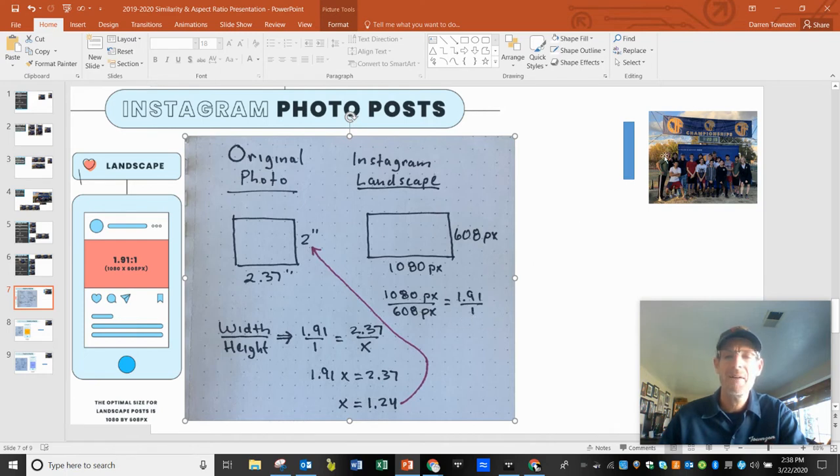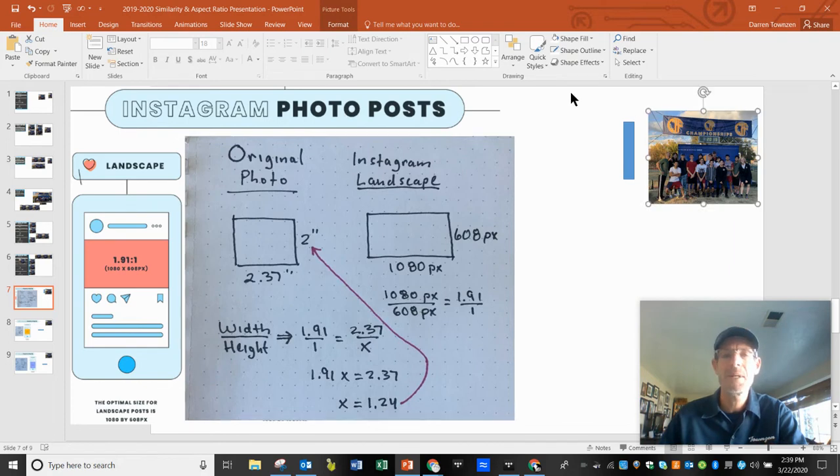I can find out how tall I need to make my picture so that it fits in their space by doing this proportion. Instagram requires 1.91 to 1, and my picture has a width of 2.37, and I'm going to find the cross product in order to find out the required height. And when I work that out, the required height is 1.24.